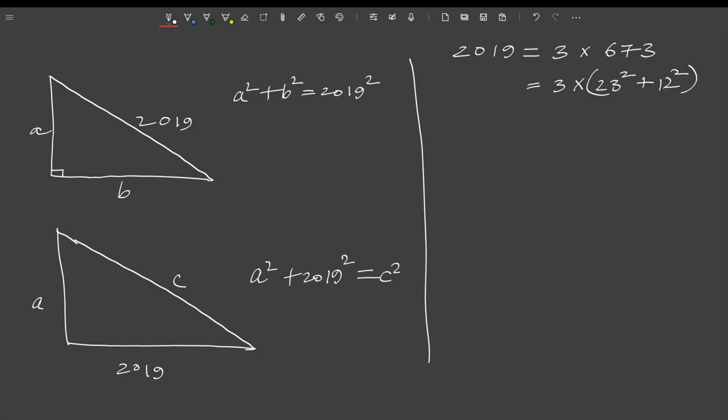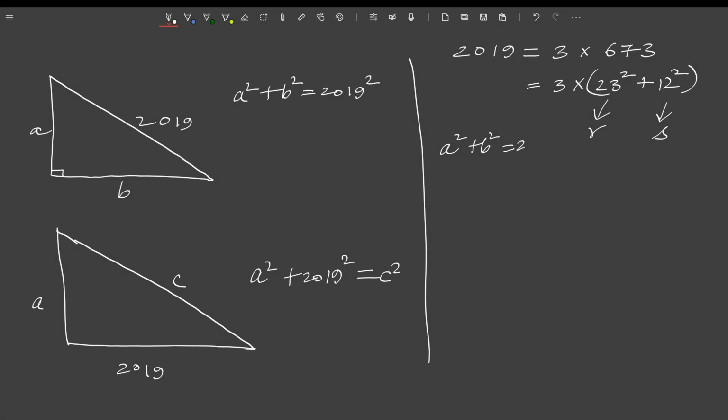This is equal to 3 into 23 square plus 12 square; 23 square plus 12 square is equal to 673. So I denote 23 by the letter r and I denote 12 by the letter s. So my r and s are 23 and 12 respectively.